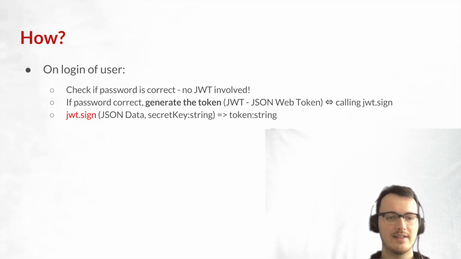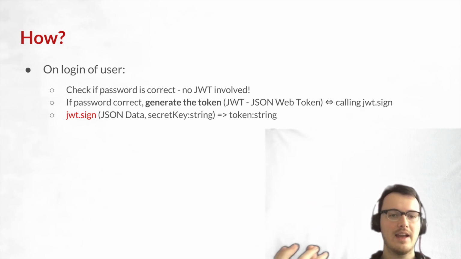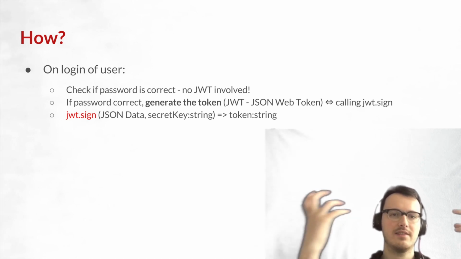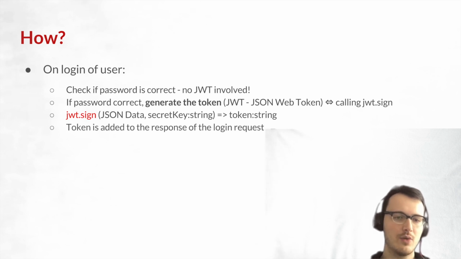As a second argument, we take a secret key, and we put those two together, so that the data plus the secret key, and this JWT sign function then generates a token. So JSON data, you can think of this as the user JSON, plus a secret string generates a token, which is again a string. And this token is then added to the response, and it's sent to the front end.